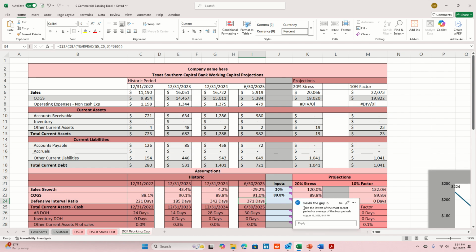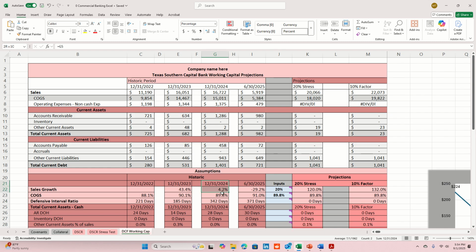So in this scenario, we're going to take the lowest of the most recent period, or the average of all 4 periods, including this one. By period we mean the full fiscal year end. Remember that, guys. Or we're going to take the average.